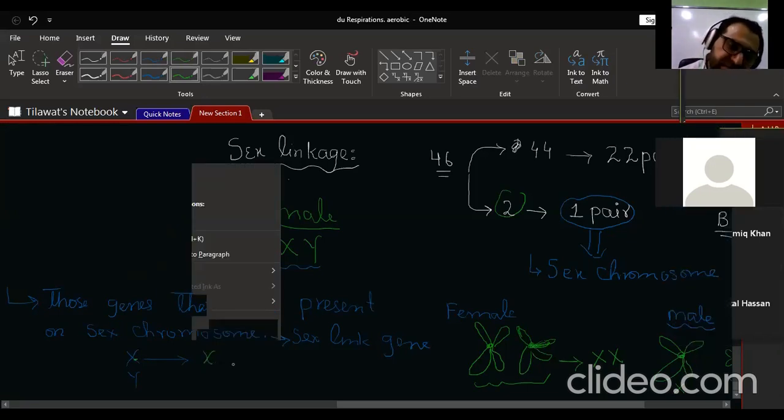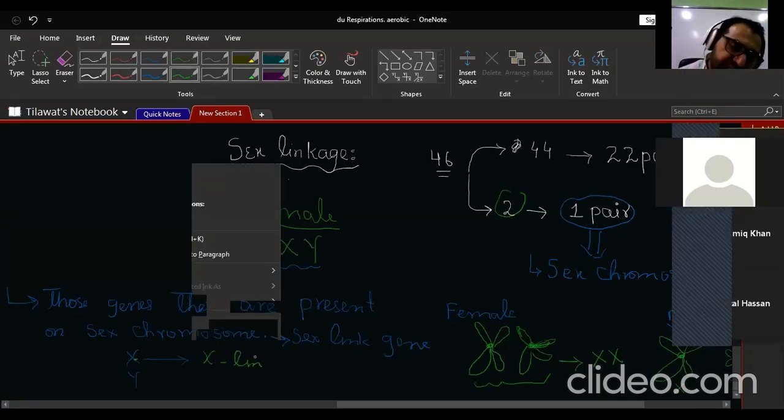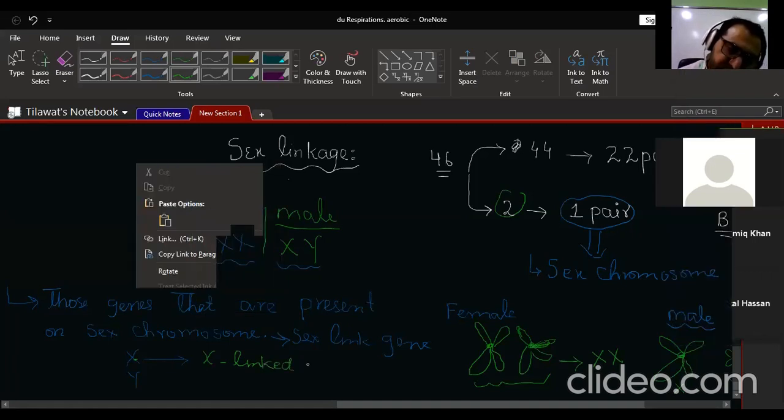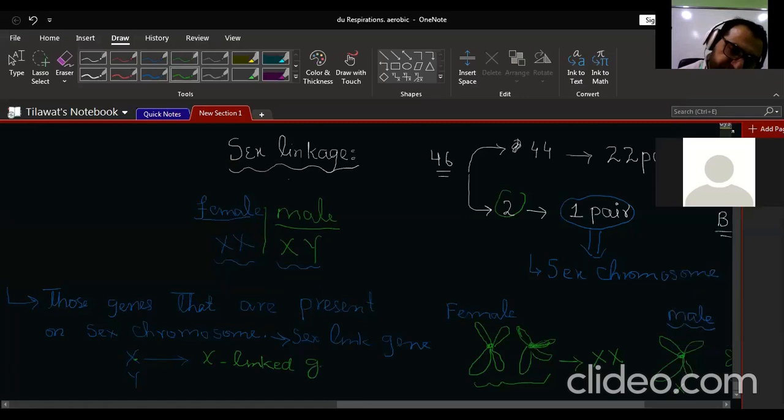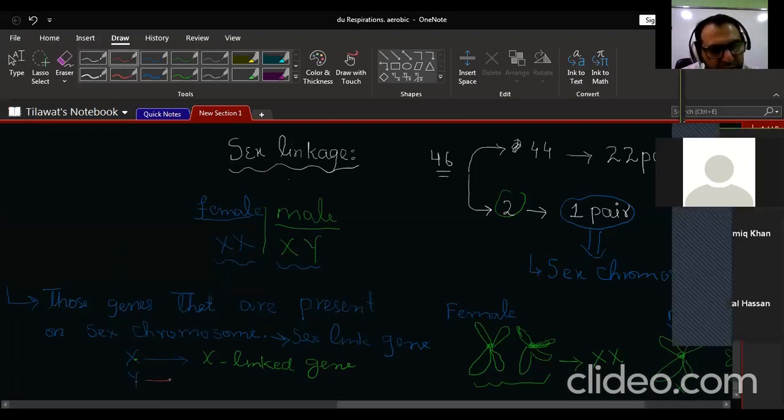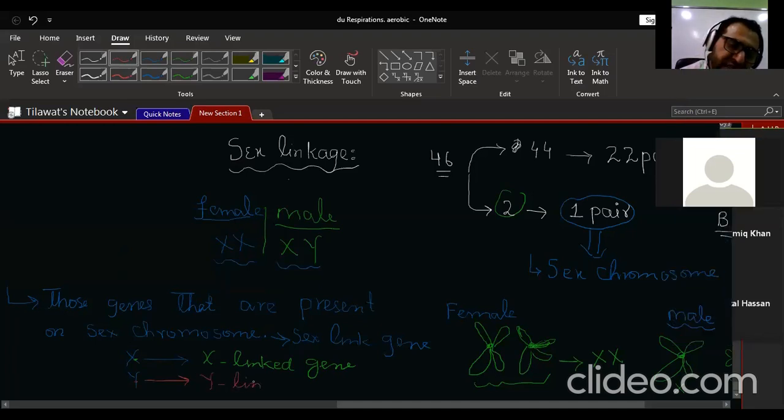X-linked gene, because it is present on X chromosome. Now, let's suppose a gene is present on Y chromosome, so that is called Y-linked gene. That is sex-linked, but which sex-linked? Y-linked gene.